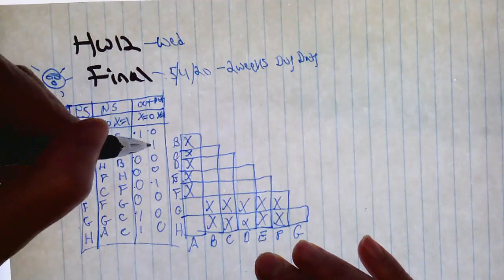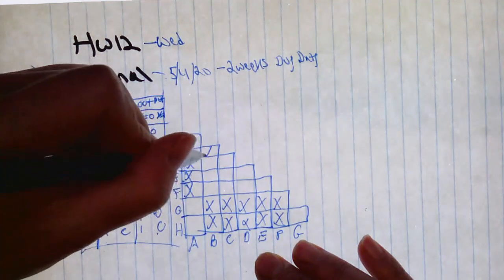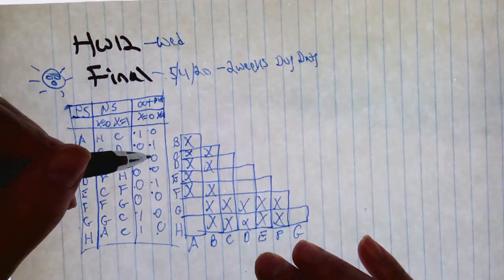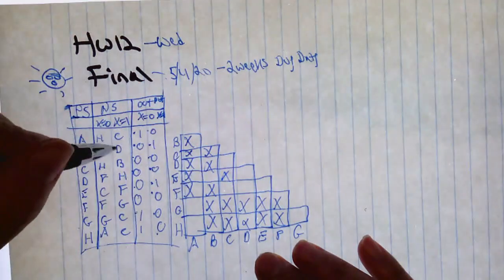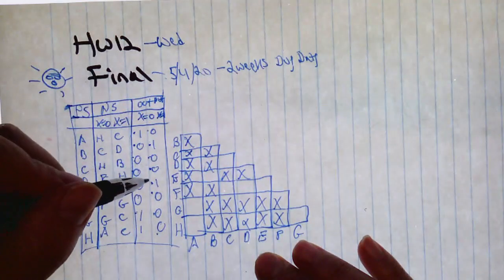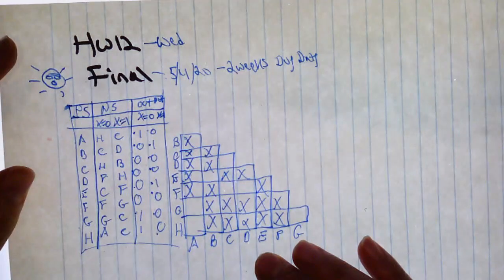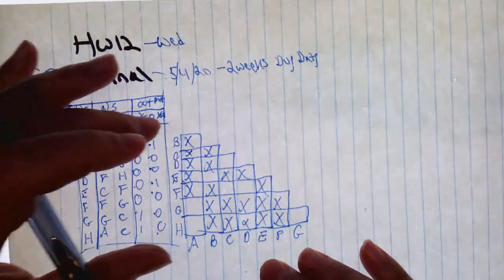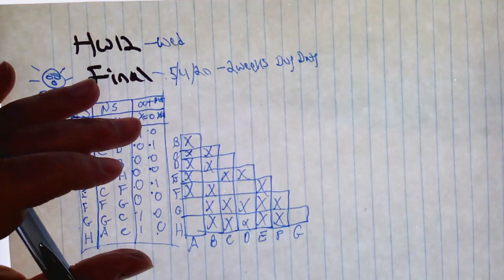We see B is different from C, D, F, G, and H. C is different from E. D is different from E. E is different from F, G, and H. And so now we got a lot of X's in there because we had to consider both columns. So that's kind of an interesting problem, right?